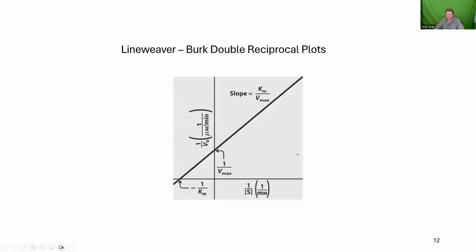Now, that is a non-linear plot, and so it makes it a little bit difficult to approximate what your Vmax is. So what we can do is rearrange the components of that plot and come up with a Lineweaver-Burk double reciprocal plot.